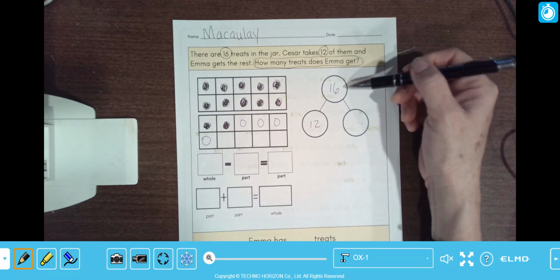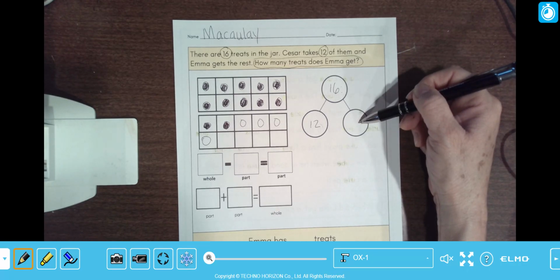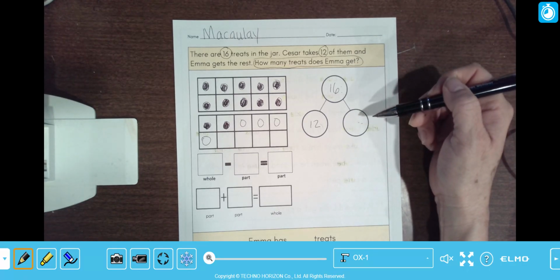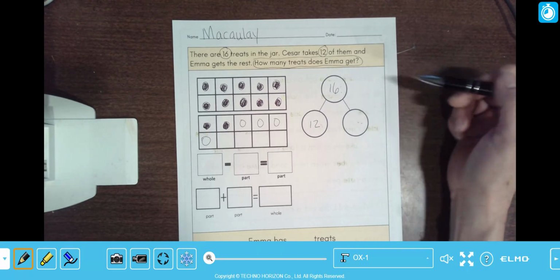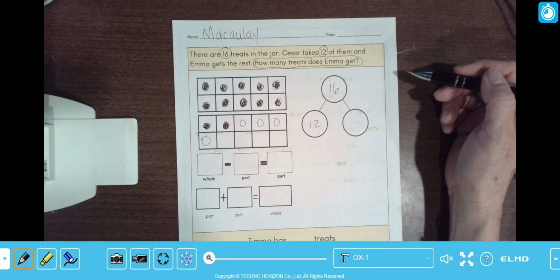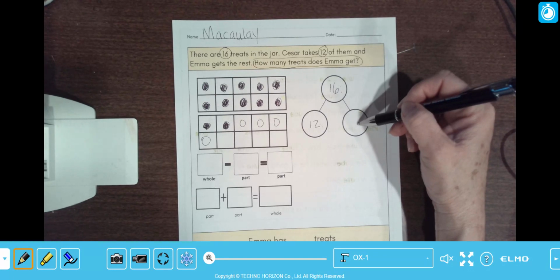So when you have a total and you want to find one of the parts, is the part going to be bigger or smaller than the total, than the whole? Yeah, it's going to be smaller. We're going into a smaller number.